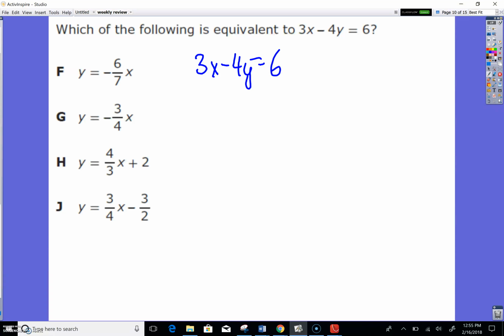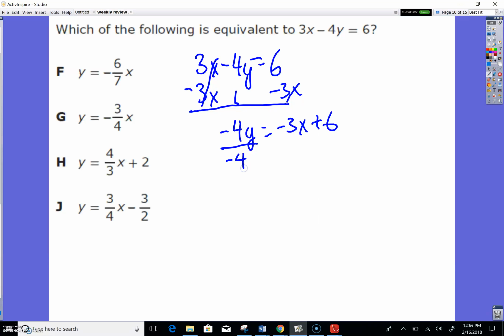Okay, this one we have to solve. Remember when we solve, we subtract first, then divide after that.